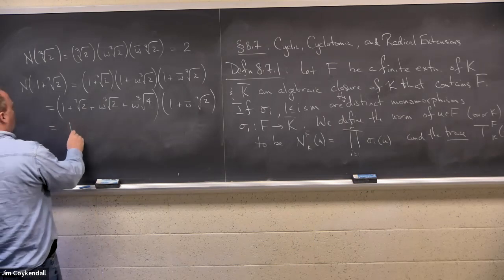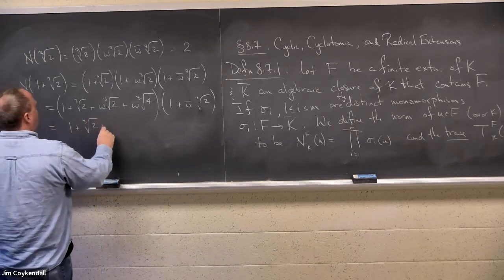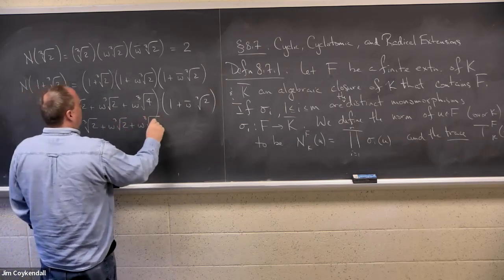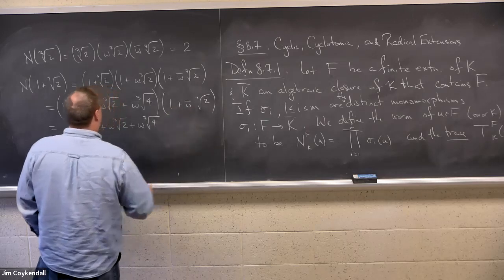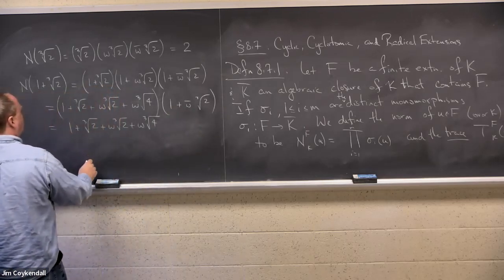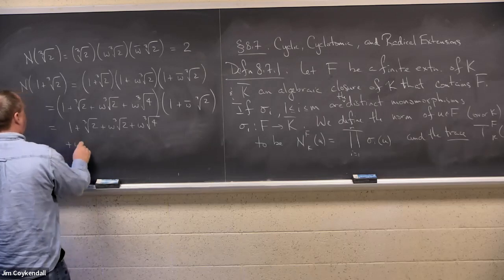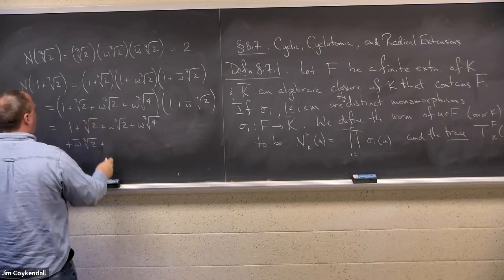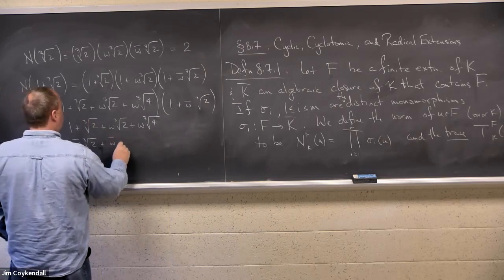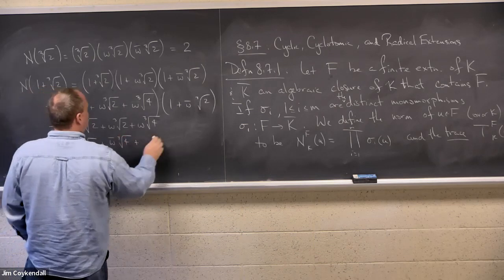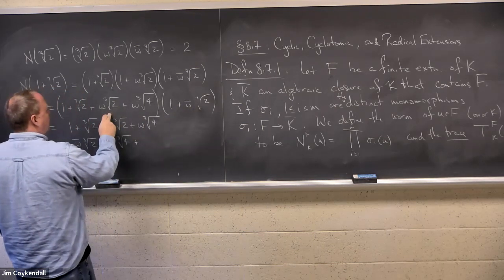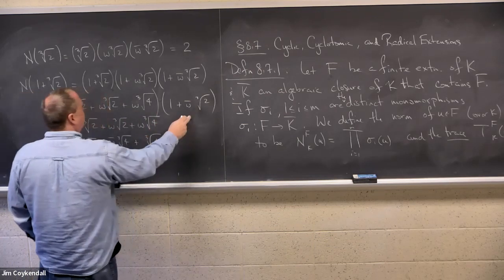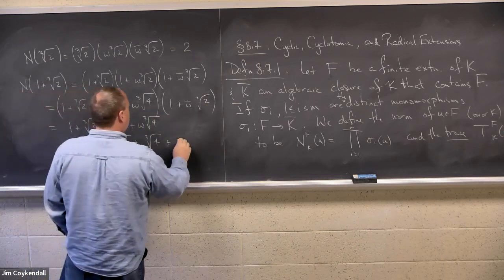And let's see, so this is 1 plus cube root of 2 plus omega cube root of 2 plus omega cube root of 4, and then plus omega bar cube root of 2 plus omega bar cube root of 4, plus omega bar is 1, so that's going to be cube root of 4, plus omega bar is 1, so that's cube root of 8, which is 2.